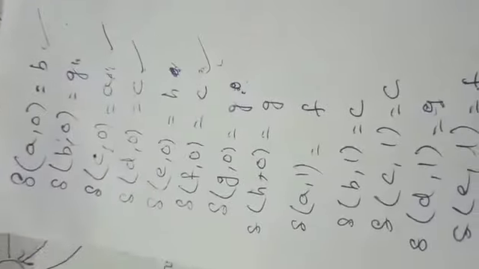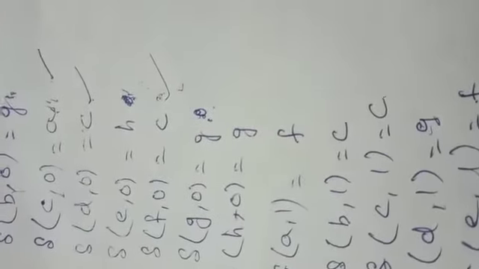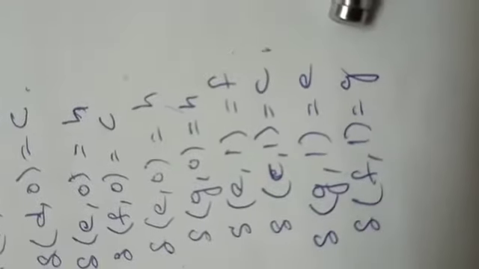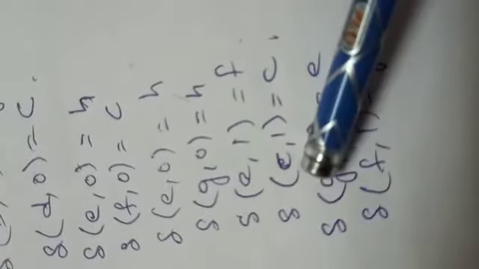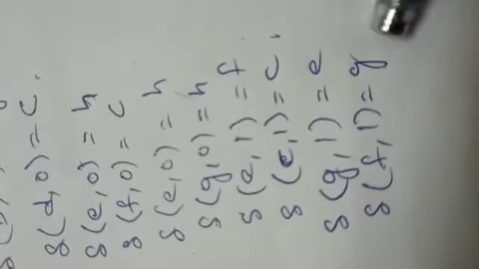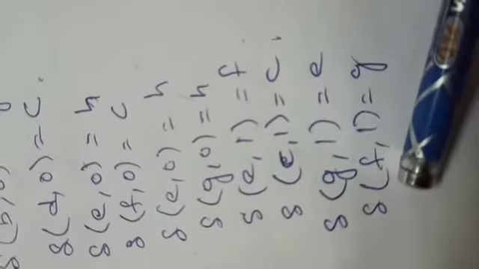Now, similarly, we have to check out for other entries also. Now, we already have got an entry for E comma G. Then automatically G and F also will have an entry, because we got an entry for E and G. Then you will get an entry for G and F also.